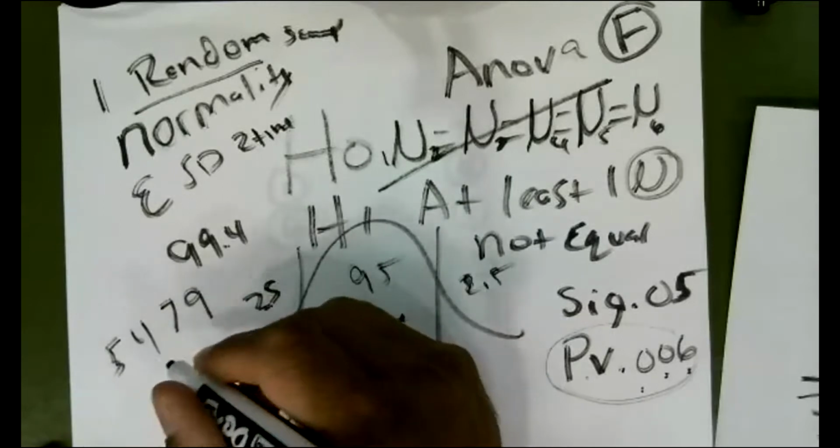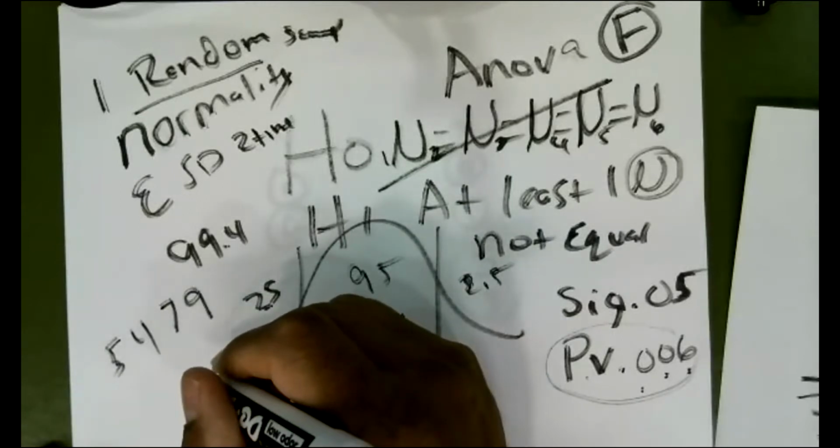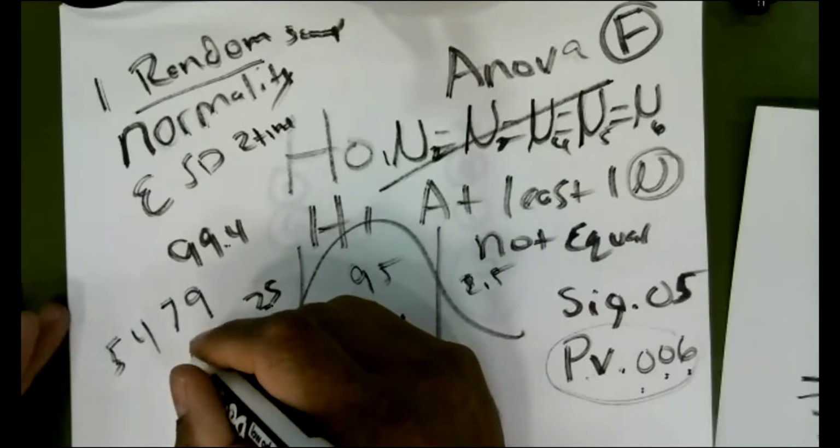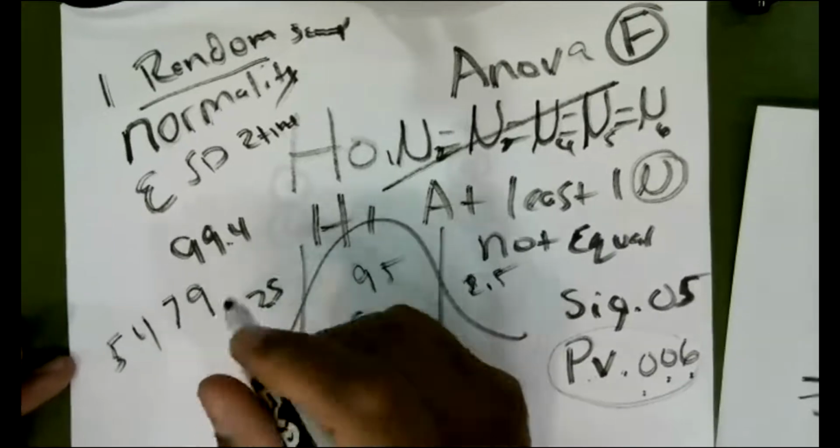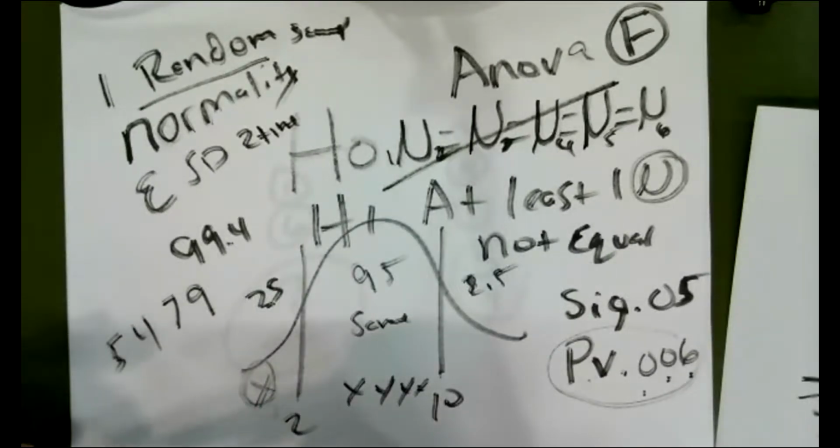If you have a standard deviation of 4 and a standard deviation of 9, we've got a problem. The lowest standard deviation in that mix and the highest standard deviation cannot be more than double apart, 2 times the value.